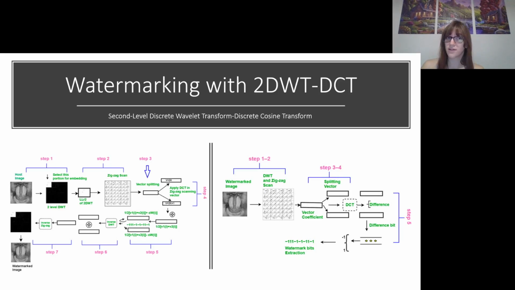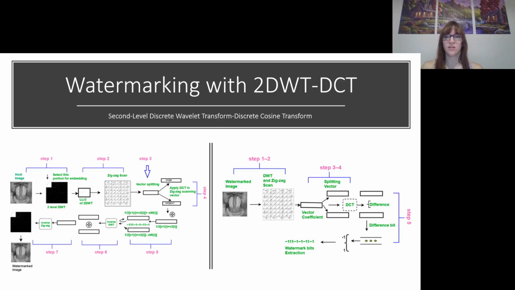And then inside of that domain, you can hide a sequence of numbers, or you can hide another image. In this case, they use a sequence of binary numbers to mark the image as some type of watermark. And then it is converted back over to the normal time domain. And that image can be sent.